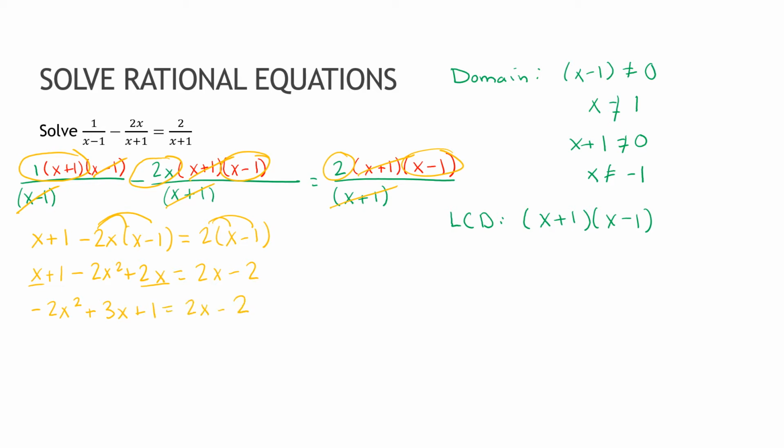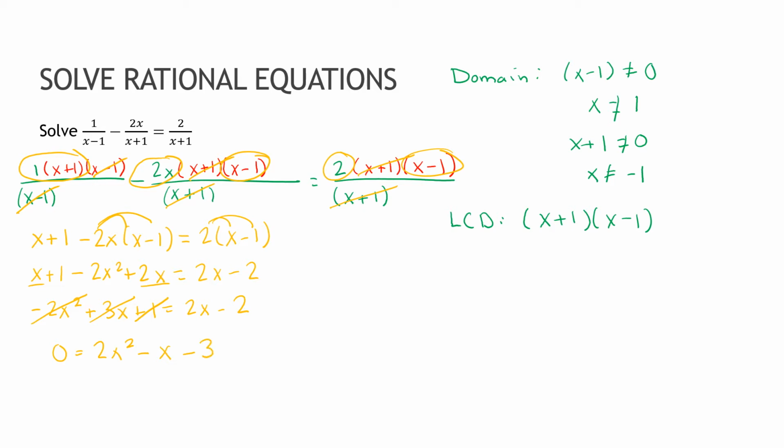Get everything to one side or the other. I'm going to choose to move everything to the right just because I want my 2x squared to be positive. So I'm going to add 2x squared to each side, which gets rid of it on this side and puts a positive 2x squared on the right. I'm going to subtract 3x, so 2x minus 3x gives me negative 1x. Then I'm going to subtract 1, which gives me minus 3.